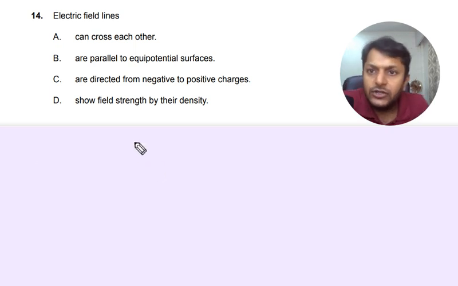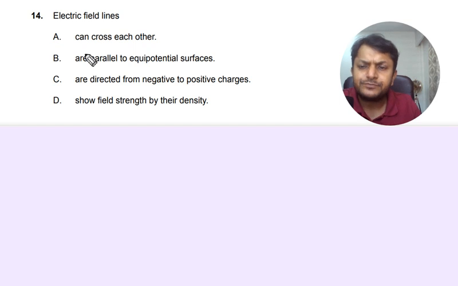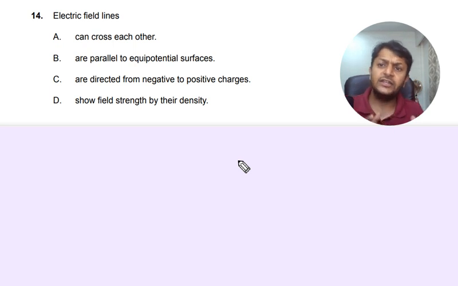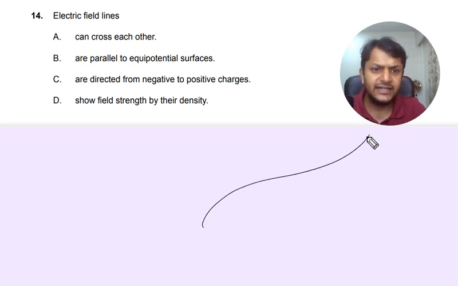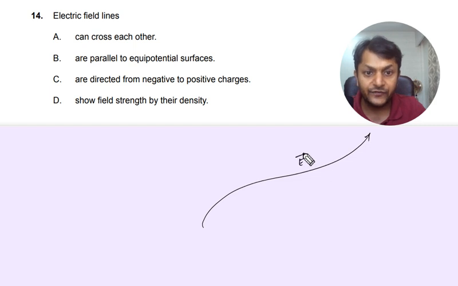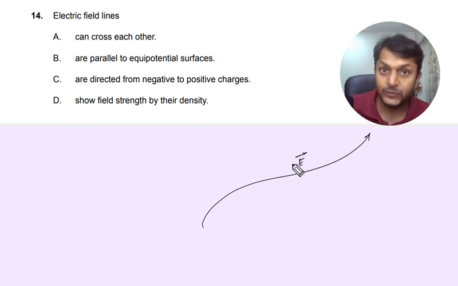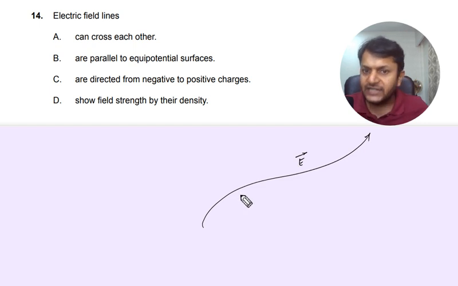Now, the electric field lines. How are they defined? Let's say this is the line, the electric field that we have shown somewhere in space.